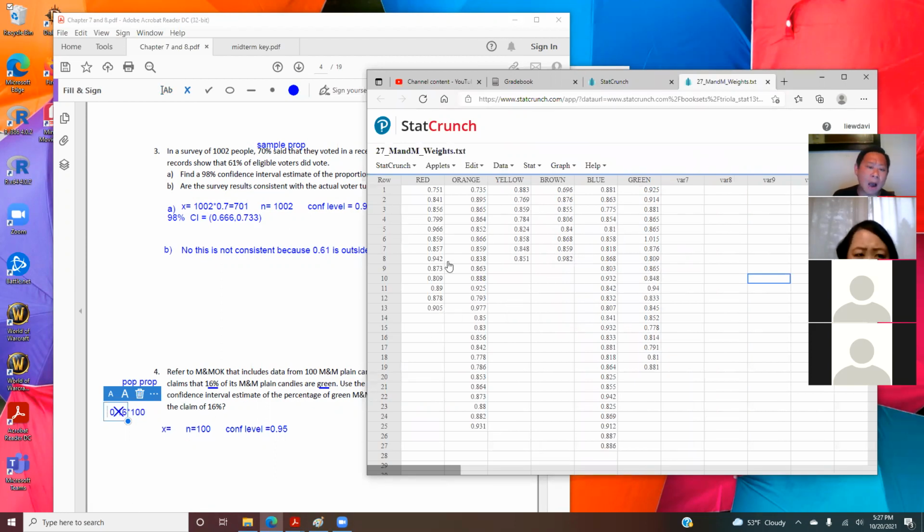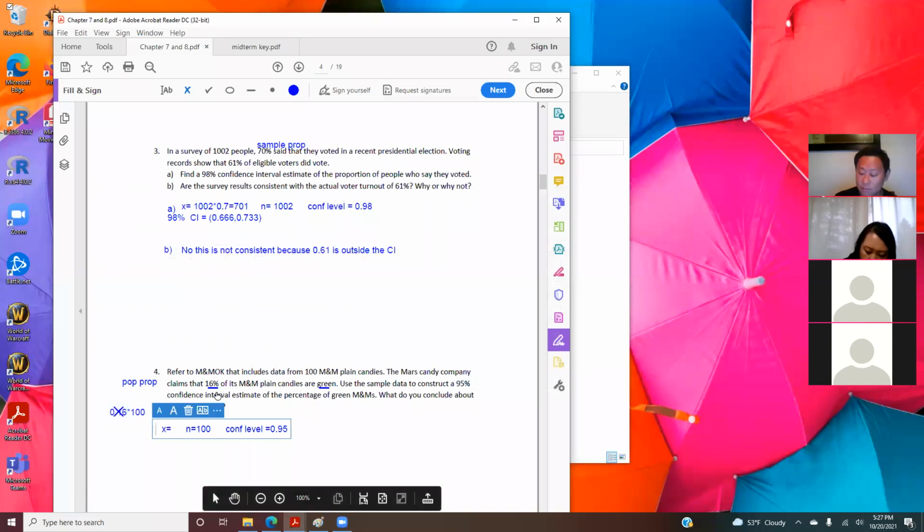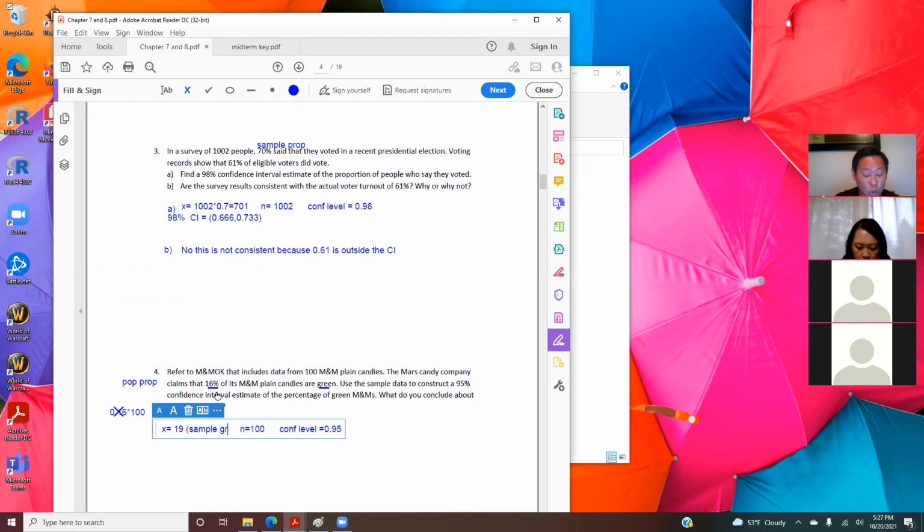So can you tell me how many green M&Ms we have in this sample? This is green, right? Yeah, there are 19 of them. So X in this case will be 19, and this is coming from the sample, the green M&Ms.